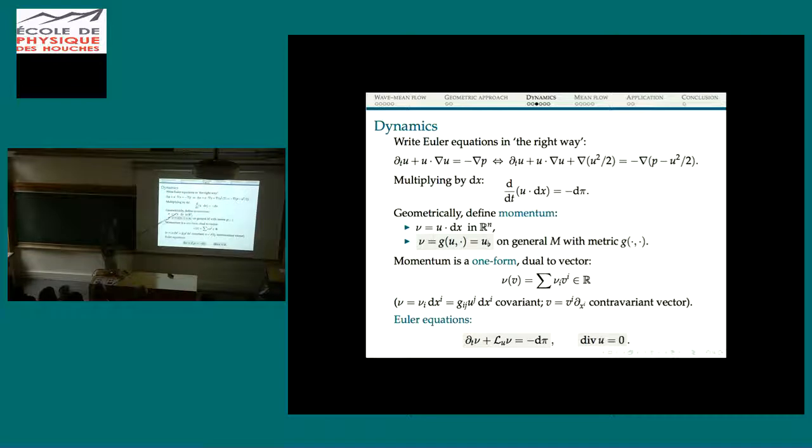And so in terms of this momentum, you can write the Euler equations. You can write them on any manifold in this rather elegant way, which says that the rate of change of this momentum one form following the flow, so there is a local rate of change, and then there is a change because of advection by velocity, advection here being translated by the proper Lie derivative, is the gradient of something.